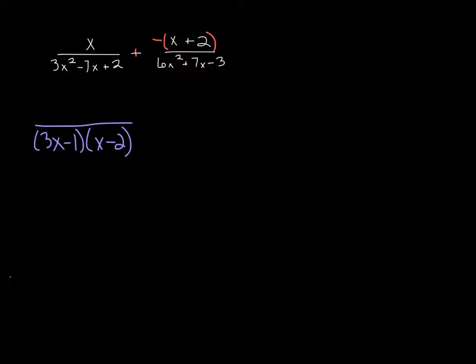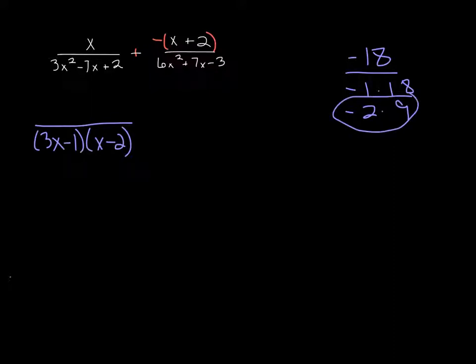Okay, now let's look at our second fraction. 6x squared plus 7x minus 3. Now a times c is negative 18. And b is positive now, so the larger number is positive. So negative 1 times 18 does not equal 7. Negative 2 times 9 does add to 7.